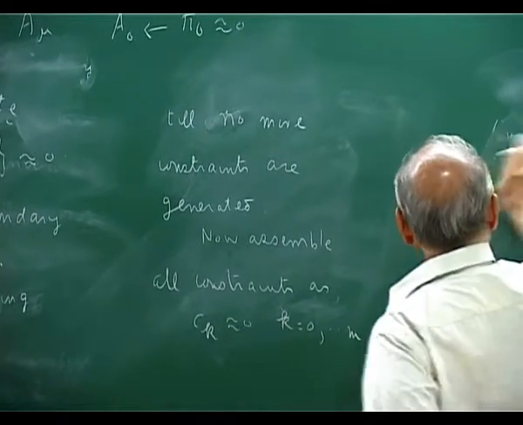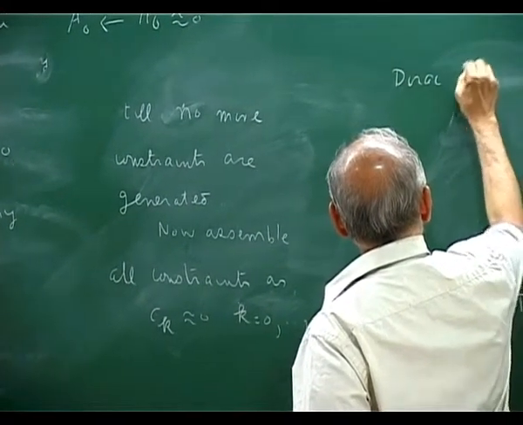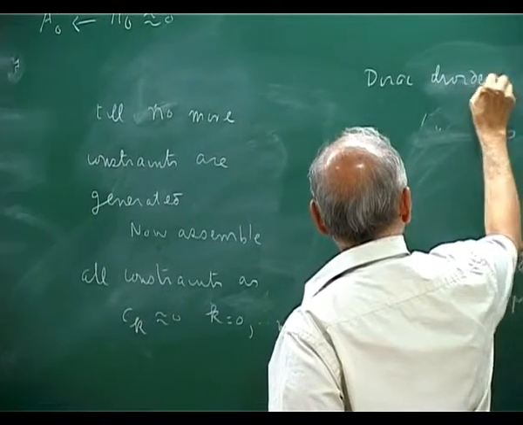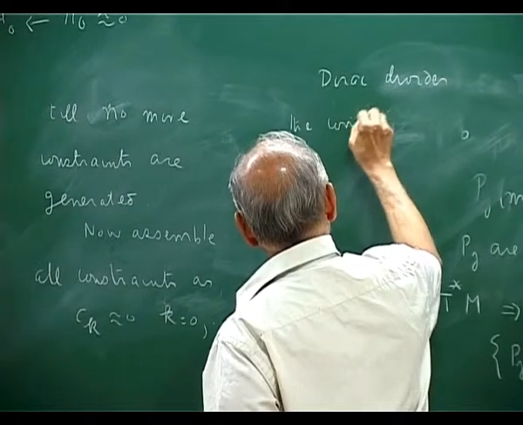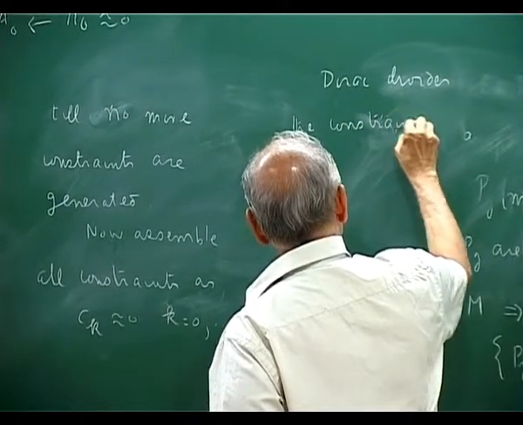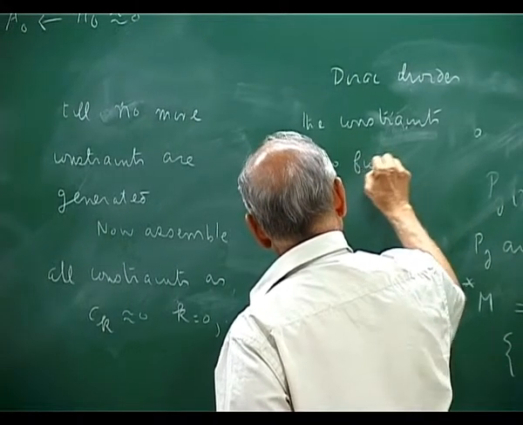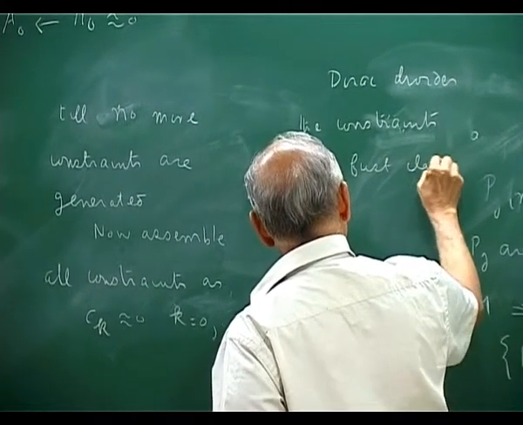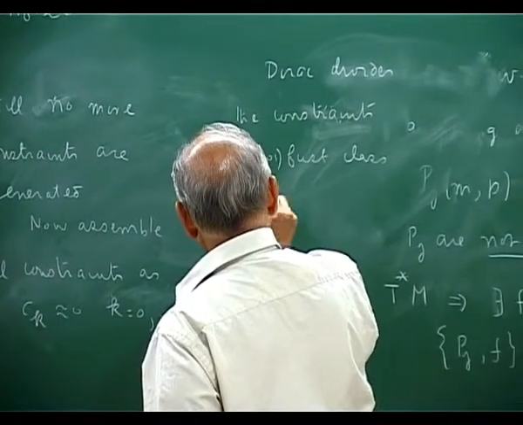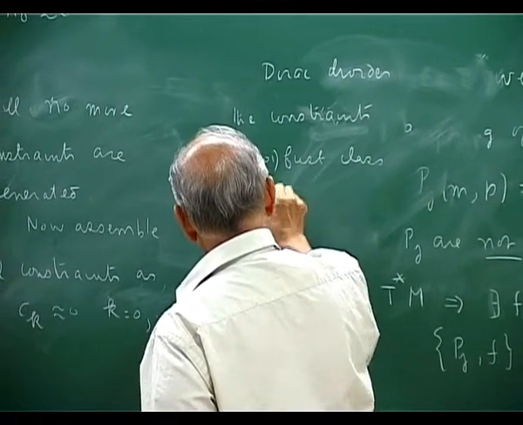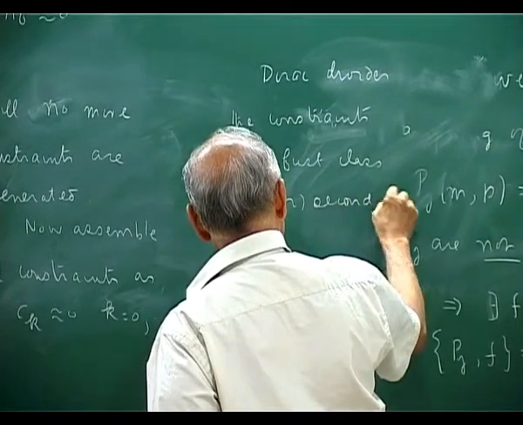Dirac divides the constraints into first class, which we call Fk, and second class, which I will call Si.